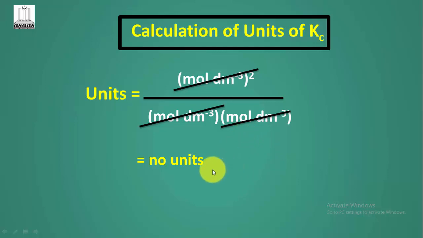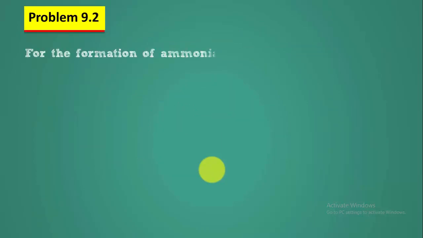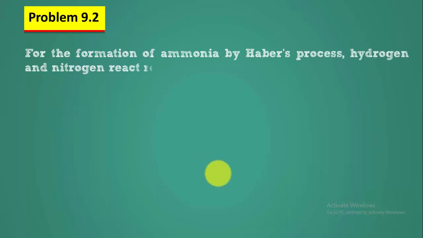So dear students, here is another problem, 9.2. For the formation of ammonia by the Haber process, hydrogen and nitrogen react reversibly at 500 Celsius, and the balanced chemical equation is written: N2 plus 3H2 is equal to 2NH3. So the equilibrium concentrations of these gases are given, nitrogen, hydrogen and ammonia.